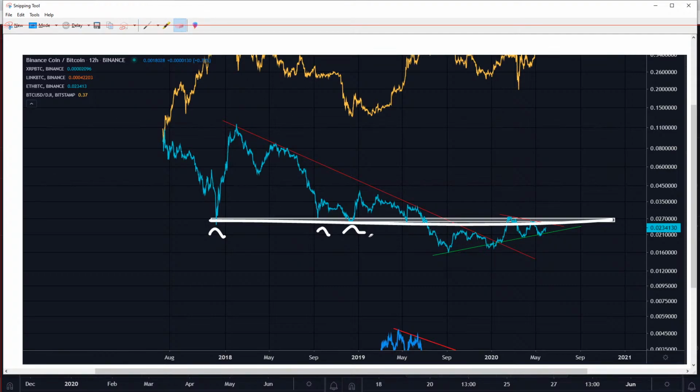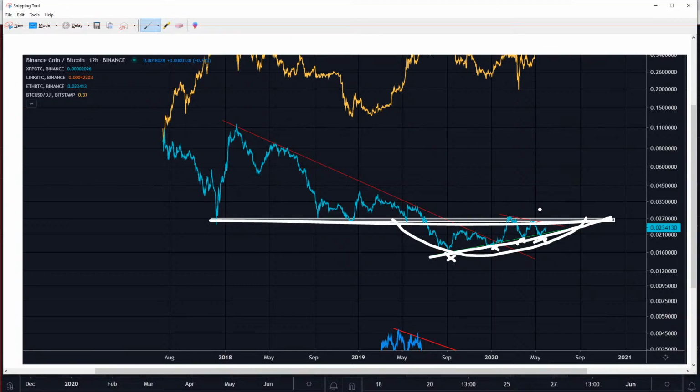But what I'm interested in now is the fact that we have made a series of higher lows. This is a low, higher low, higher low, higher low. We connect those higher lows, and now we have a potential nice bottom that we can use to validate our breakout that Ethereum is going to outperform Bitcoin.